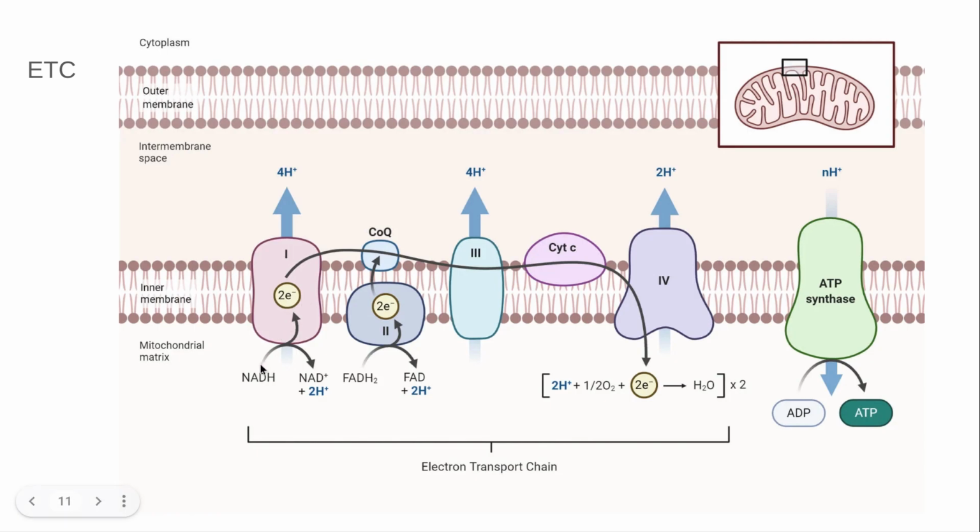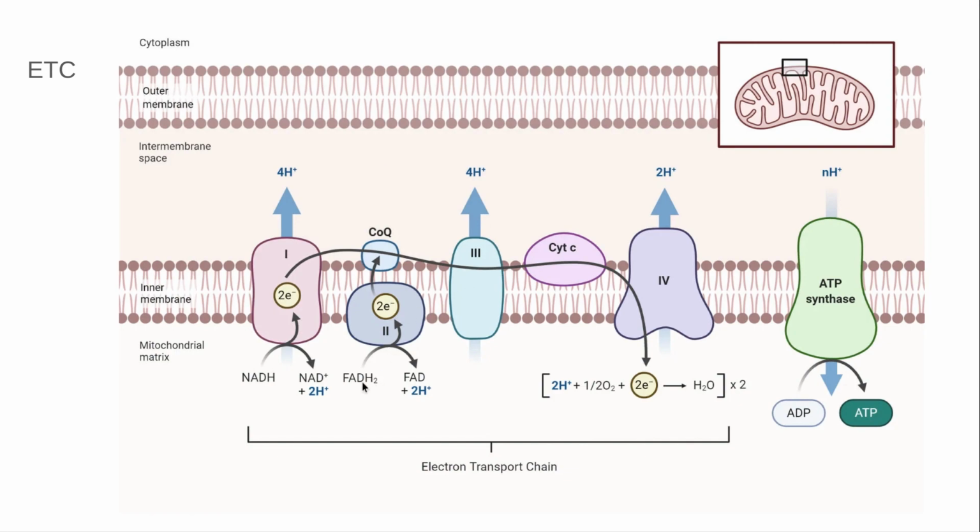Complex 1 helps in the breakdown of this NADH, and it takes in the electron. When it takes the electron, it opens up pores so that the proton that is created here is able to go through. The protons go from one side to the other side, and it's pumping them against the concentration gradient. So more and more protons are going to accumulate in this intermembrane space.